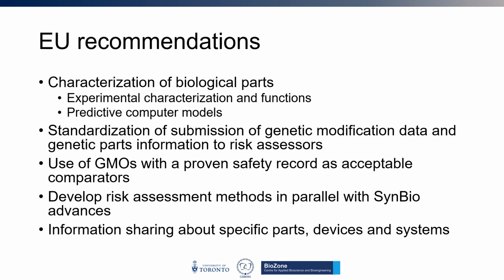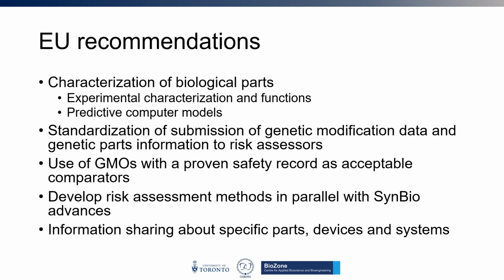Say your system is made of 3 biobricks. If you have characterized experimentally or using predictive models what the risk of each of those biobricks are, you can make assumptions about their safety, then you only have to characterize what their risk is as a whole and not necessarily as individuals.